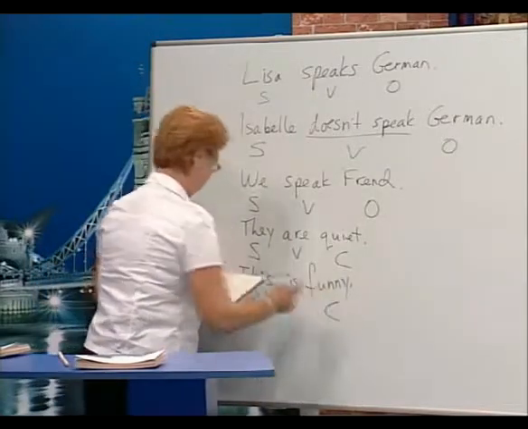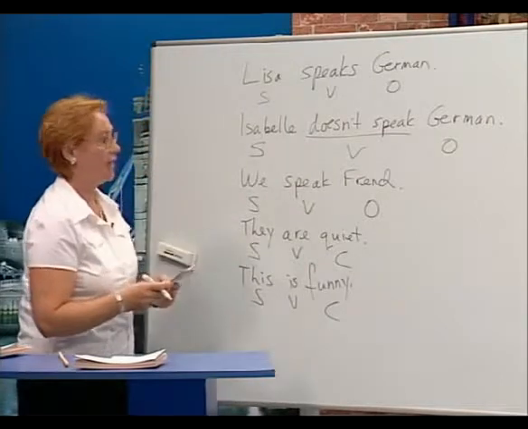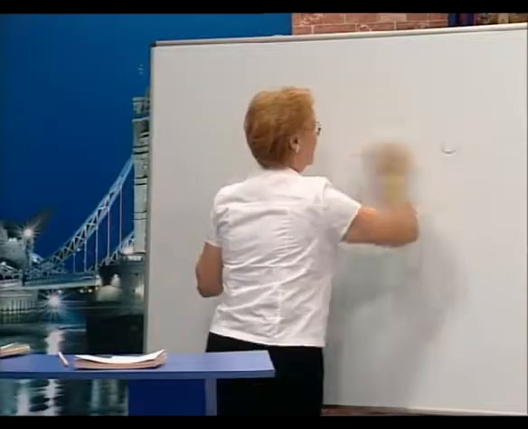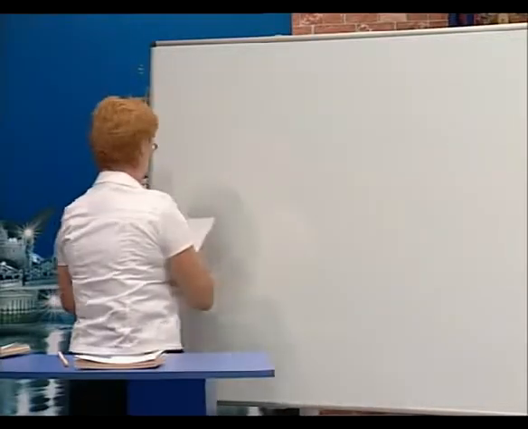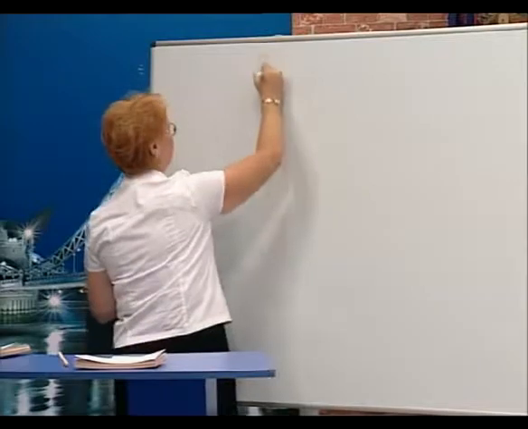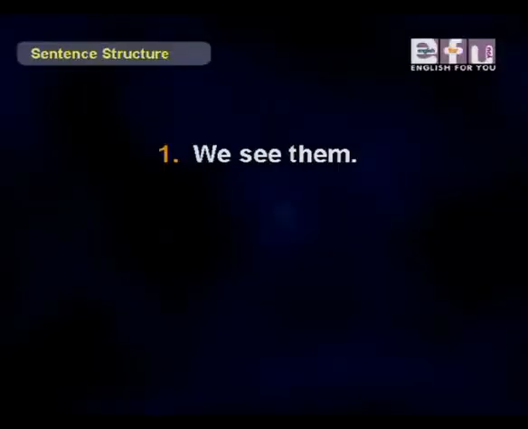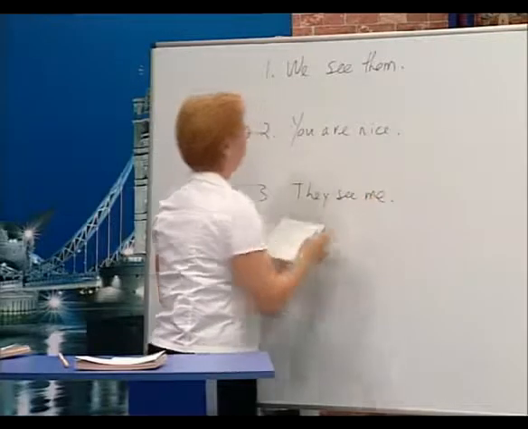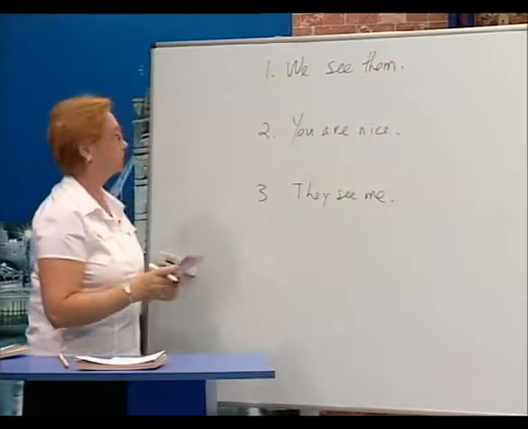Yeah, good. Great. Okay, now a little bit more practice. Get 3 more sentences and then you can tell me what they are. Okay, here's one. And here's the third one. Okay, Lisa, you do number 1. We is the subject.